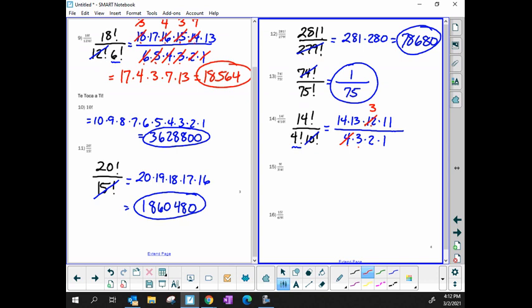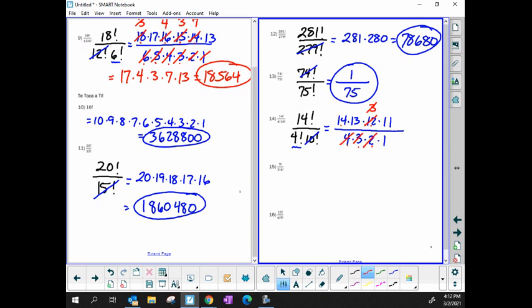All right, then 3. Does 3 go into any of the numbers on top? Well, 3 doesn't go into 14 or 13 or 11. But 3 does go into that 3 that we have now on top of the 12. So that 3 will cancel out the 3 that's on top. All right, does 2 go into any of the numbers on top? Well, the only numbers I have left are 14, 13, and 11, and 2 will go into 14.